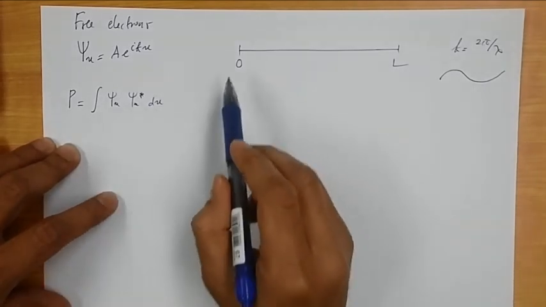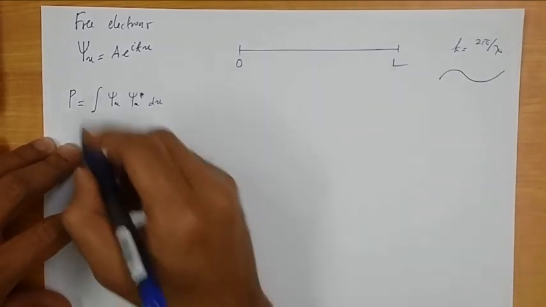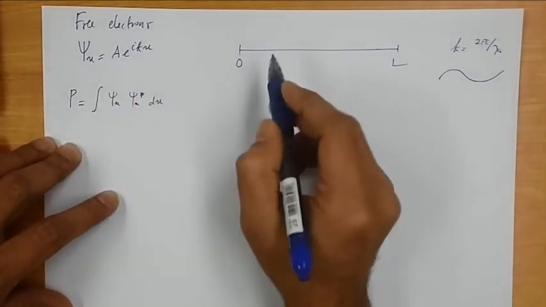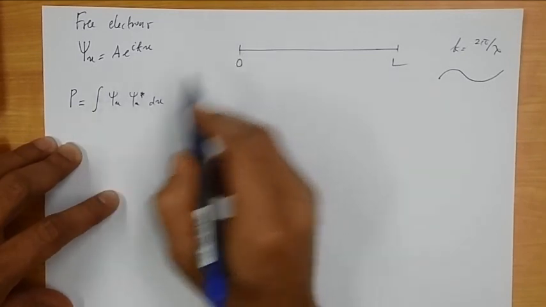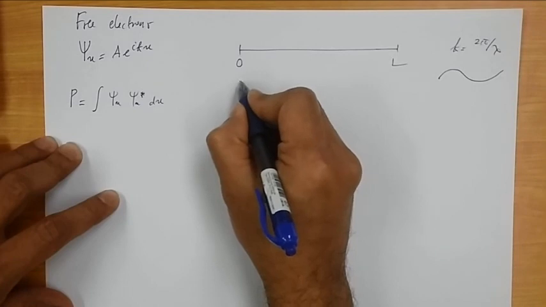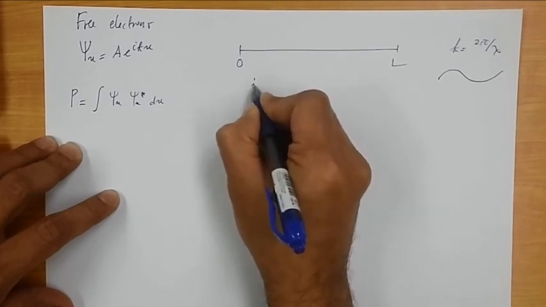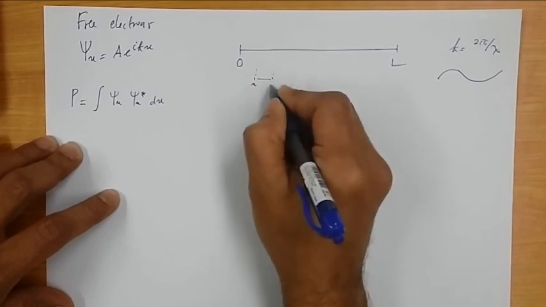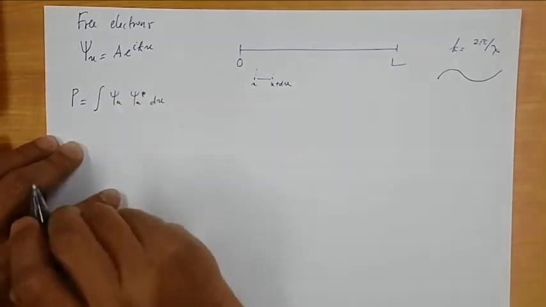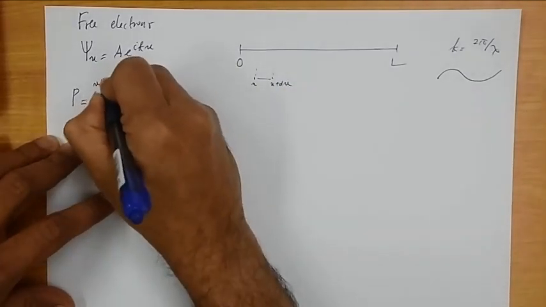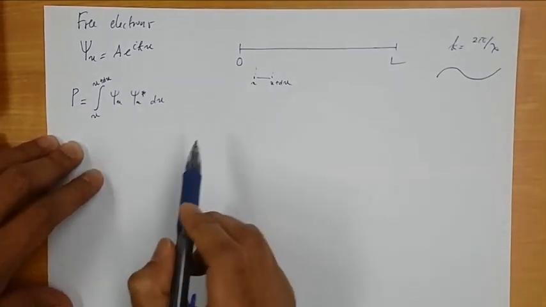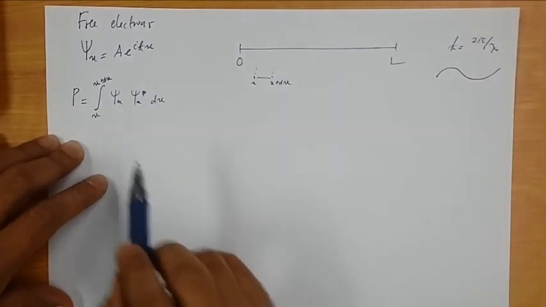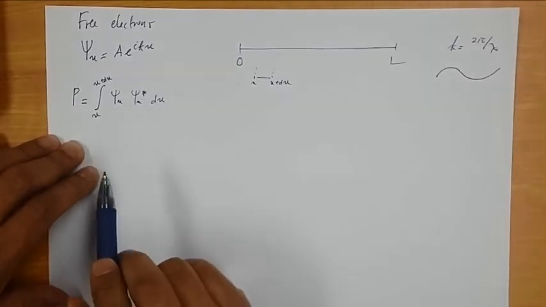So if you want to know the probability from 0 to L, you integrate from 0 to L. If you want to know from 0 to x, or from an x value to x plus dx, so this is the range that you are interested in, for any x values. It's a product of psi(x) and psi(x) star, or conjugate.